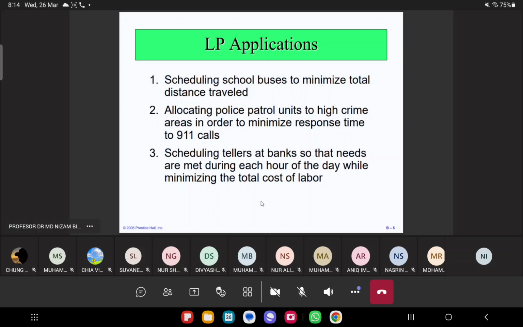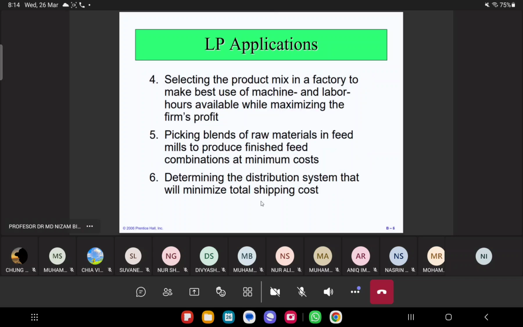So the solution will tell you how to schedule the tellers at the bank by hour or by day or whatever you desire.